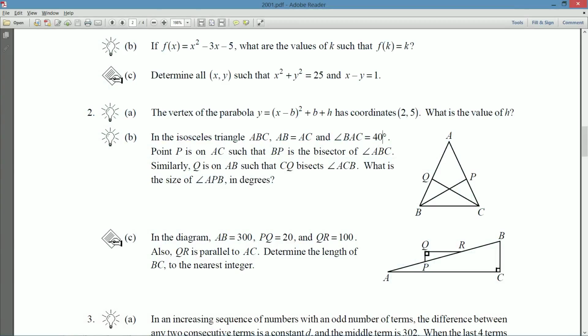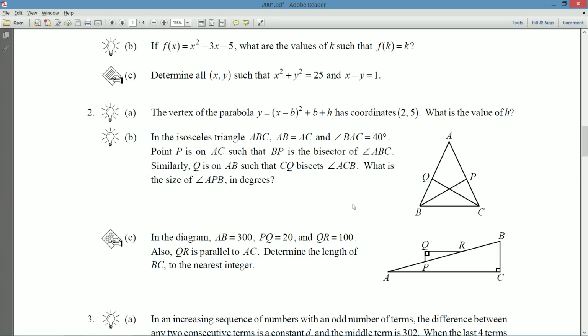Point P is on AC such that BP is the bisector of angle ABC, so it's the bisector of the angle at B. Similarly, Q is on AB so that CQ bisects the angle at C. What is the size of angle APB in degrees?